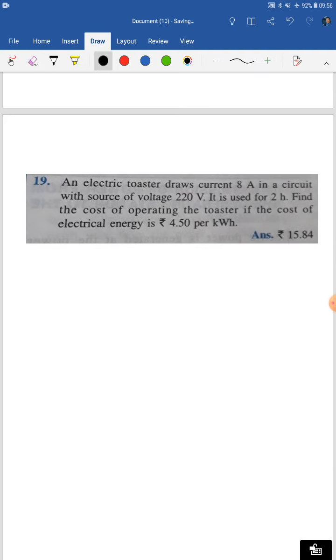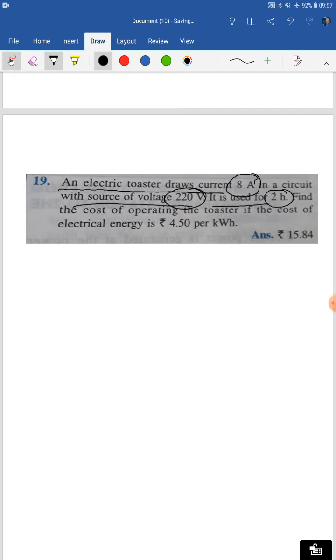Now, question number 19. It says an electric toaster draws current 8 ampere in a circuit with source of 220 volt. It is used for 2 hours. I am circling the information given in the question.